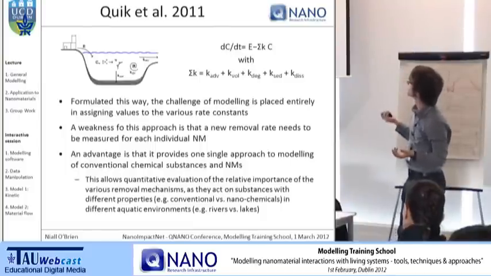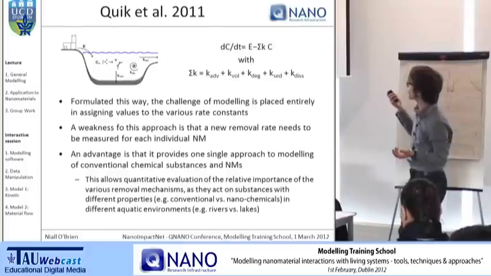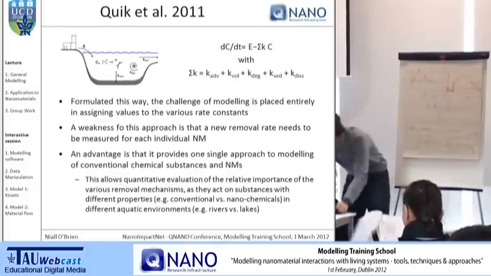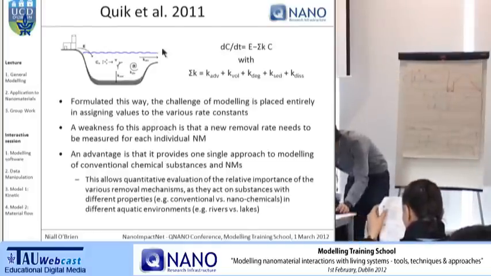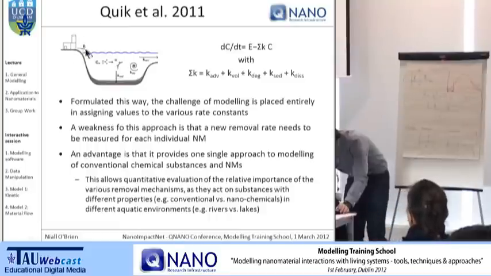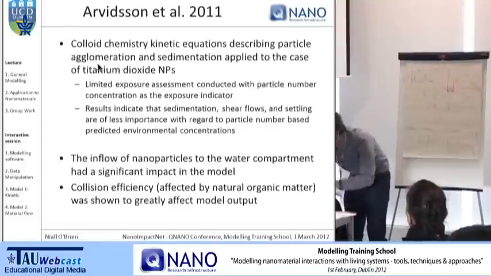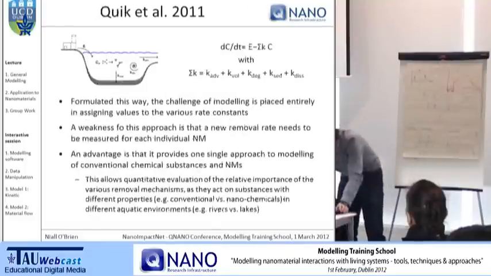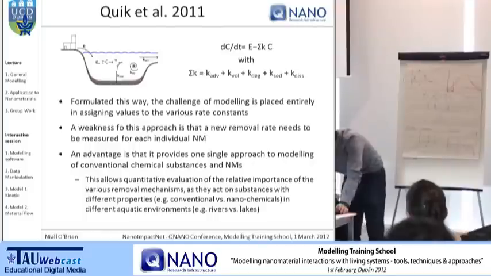Formulated in this way, you can see here a nice aquatic environment where you have input in, and a surface water concentration. There are different processes represented here: aggregation, absorption to other materials, dissolution, sedimentation, and advection.